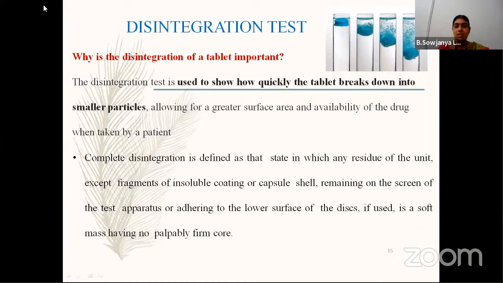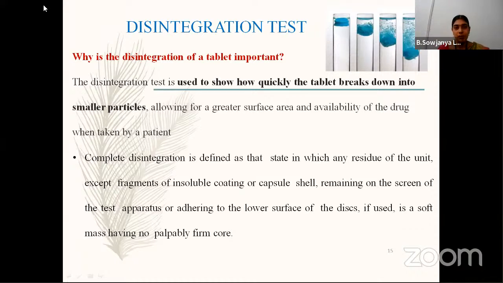Why is it necessary to determine the disintegration test for a tablet? Disintegration is very important for absorption and the therapeutic efficacy of the drug. So disintegration plays an important role in absorption and the therapeutic activity of the drug.